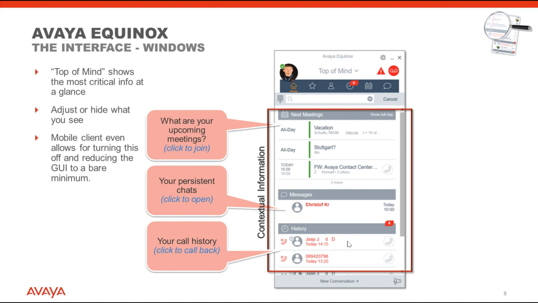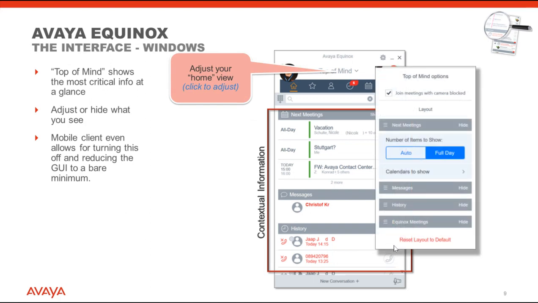So even if the client is closed down and not logged in, the backend will record what you have missed. And the next time you start up your client, it will show you what you have missed or which calls you made, for example, on another client like a mobile phone. If you want to call back, here you have a little icon, just click on it and the person is called.